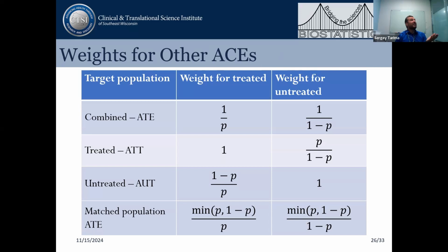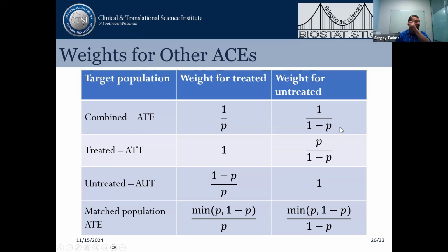Surprisingly, propensity scores can also be used to analyze these other causal effects which we just discussed, ATT, AUT, and matched population ATE. But the weights are different now. Because you remember, initially, when we were dealing with just the average treatment effect, ATE, our weights were 1 over propensity score and 1 over 1 minus propensity score, right?